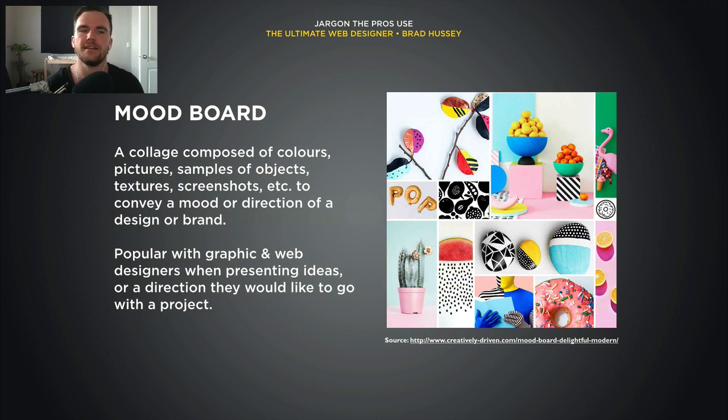And this usually happens in one of the initial meetings with a client, after you've discussed budget and everything like that, and you start getting into the creative phase. A mood board is kind of literally, you could take in a big piece of cardboard with textures, samples, pictures, fonts to convey, this is the style I'm trying to go for. So that's a mood board.